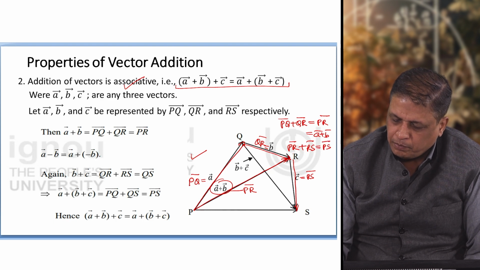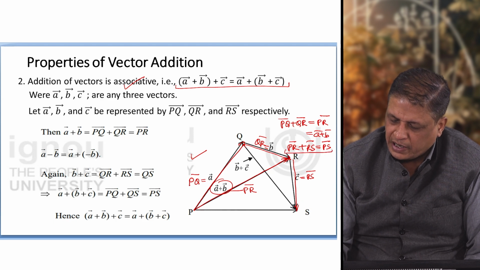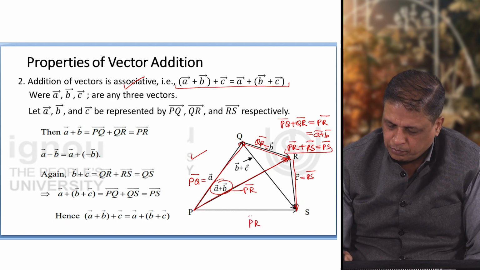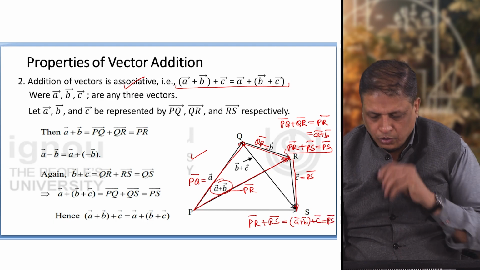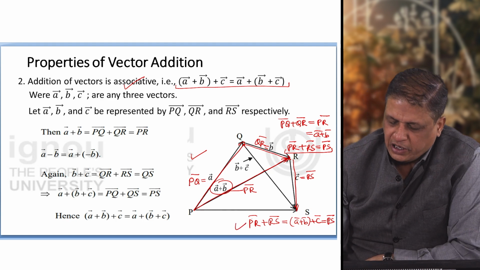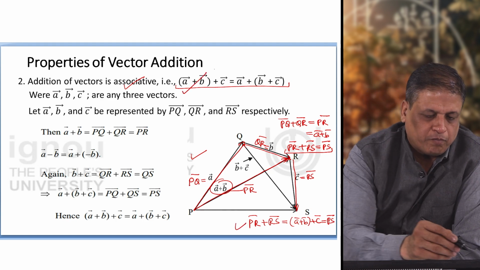What is RS? It is C. So we can write PR plus RS as (A + B) + C, which is equal to vector PS. So we got one expression, (A + B) + C, which is the left hand side of this equation.